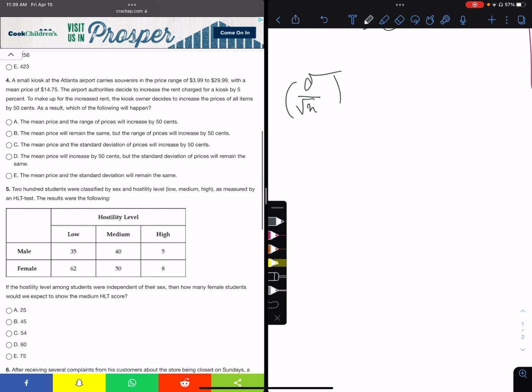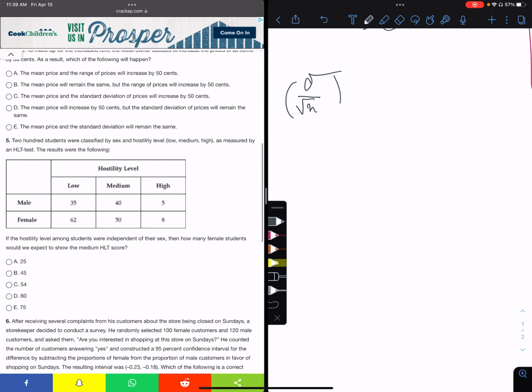Okay. A small kiosk at Atlanta Airport carries souvenirs in the price range of $3.99 to $29.99 with a mean price of $14.75. The airport authorities decide to increase the rent charge for a kiosk by 5%. To make up for the increased rent, the kiosk owner decides to increase the price of all items by 50 cents. As a result, the following will happen. The mean price and the range of prices will increase by 50 cents.